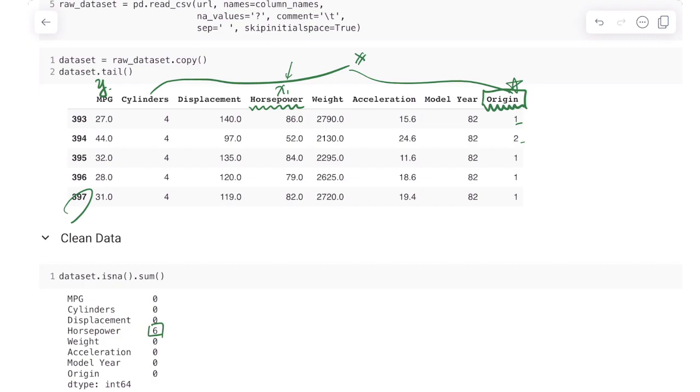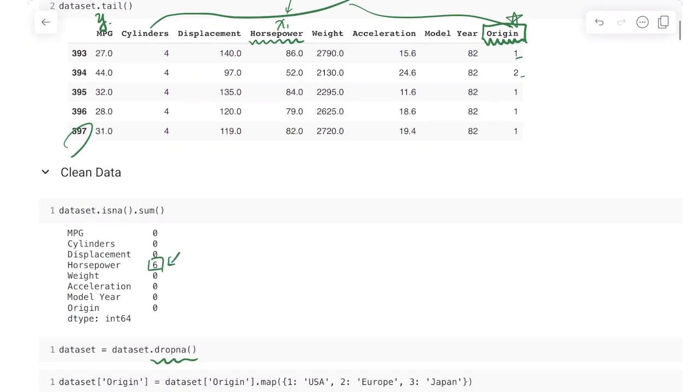The first thing is to take a look at this simple data set. We figure out there are 6 data points which have missing values, so we simply ignore those data points, those cars.